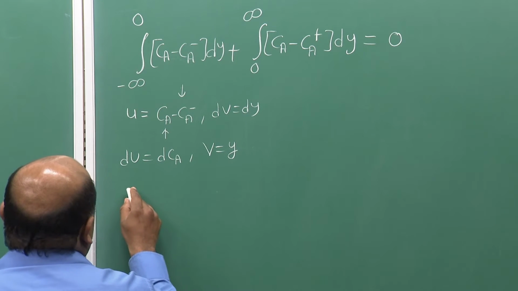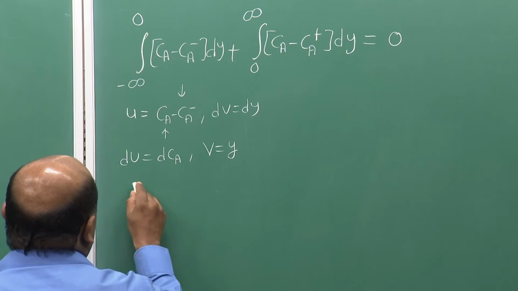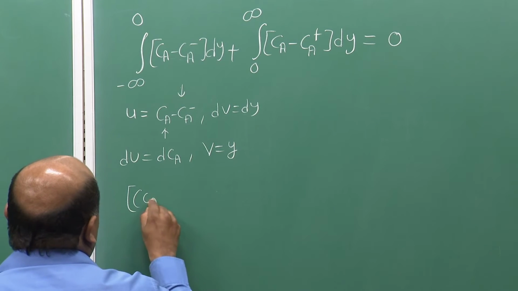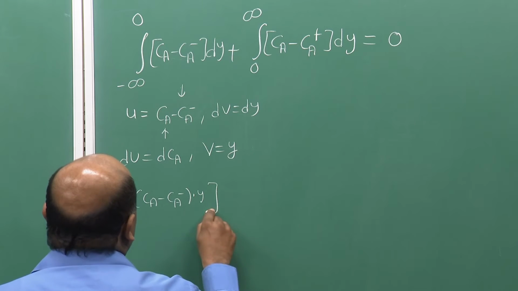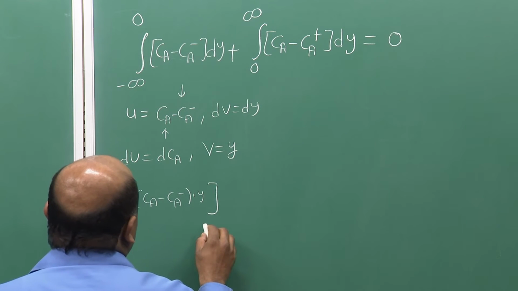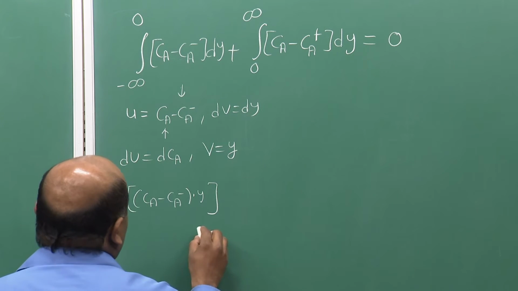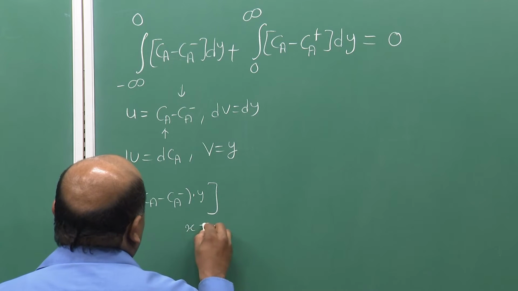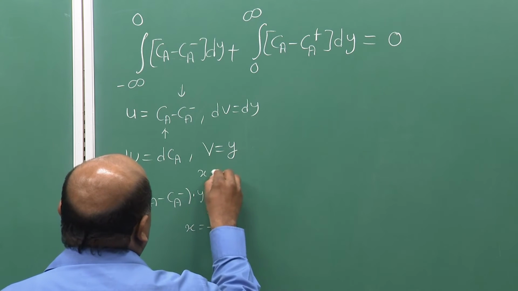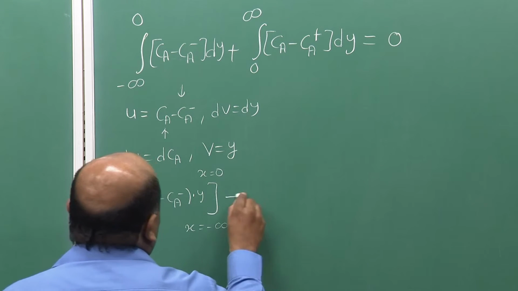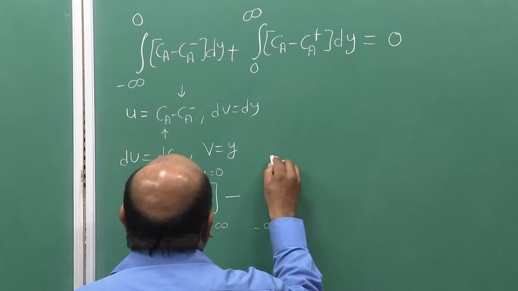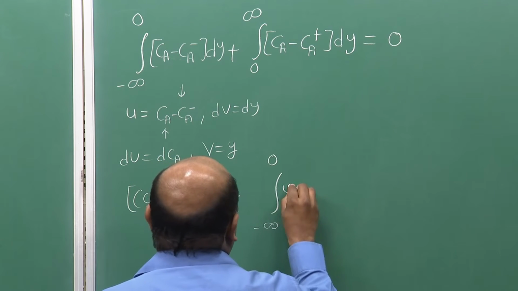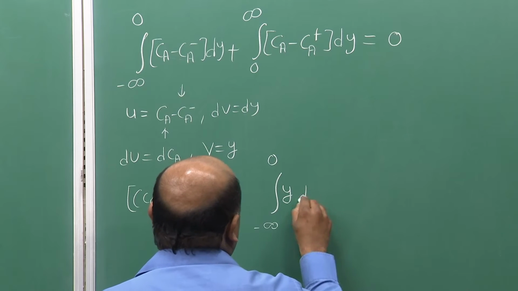So, we will get uv, Ca minus Ca minus times y, with the limits from x equal to minus infinity to x equal to 0, minus the integral of v du from minus infinity to 0, where v is y and du is dCA.